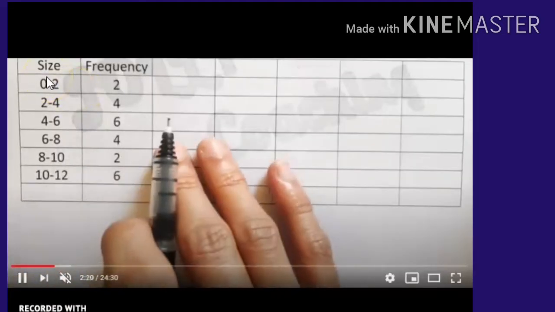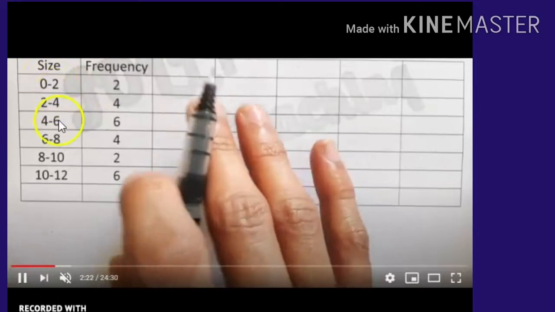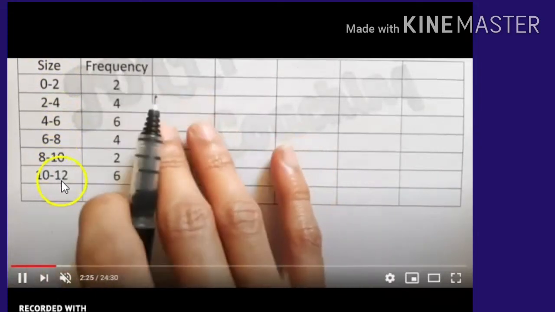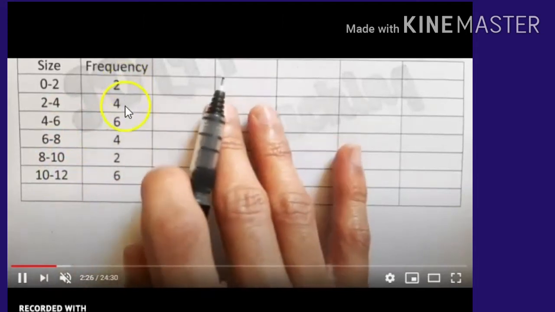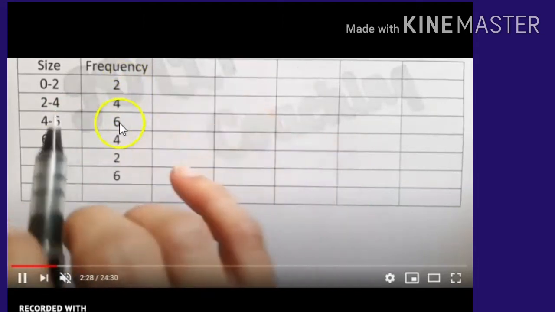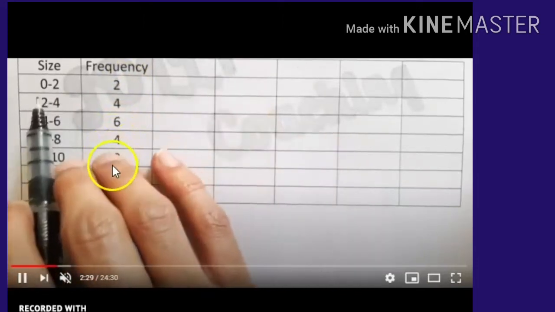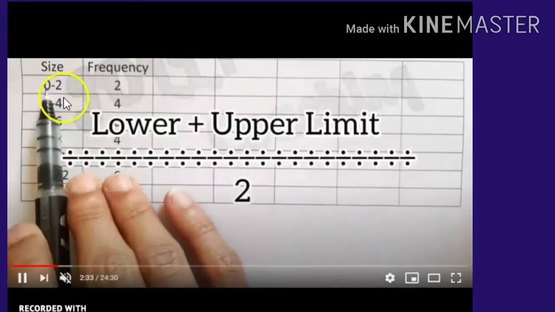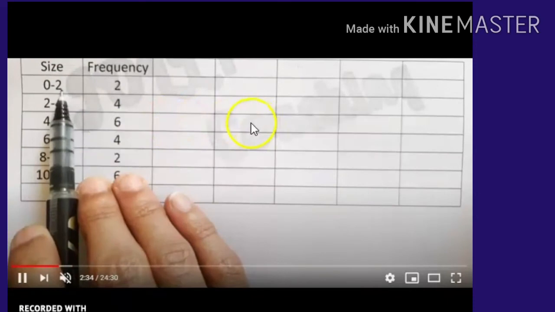Size is given: 0 to 2, 2 to 4, 4 to 6, 6 to 8, 8 to 10, 10 to 12, and the frequencies are also given: 2, 4, 6, 4, 2, and 6. First you have to find the mid value, that is lower limit plus upper limit divided by 2. That is to be found as x.